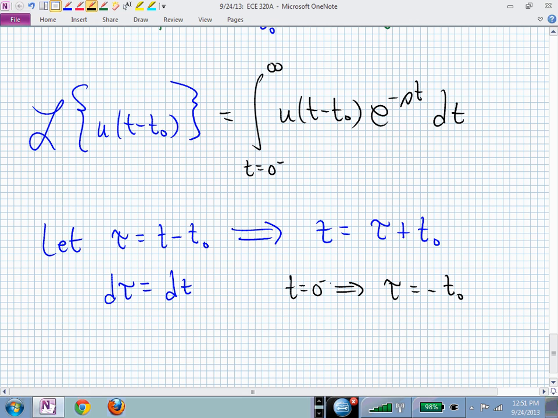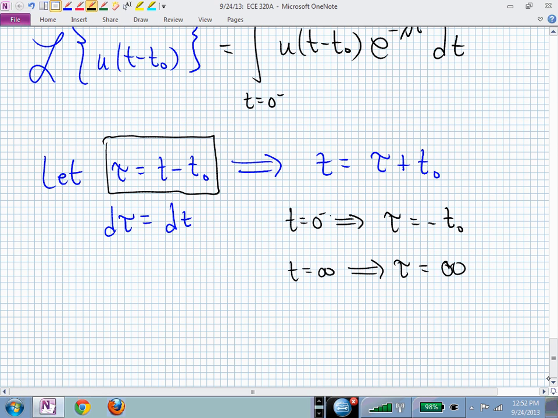I just go back to my defining relationship for tau and plug in t equals 0 minus. And when t is equal to infinity, what's tau? Infinity minus a finite number is still infinite. Those are now my new limits of integration.